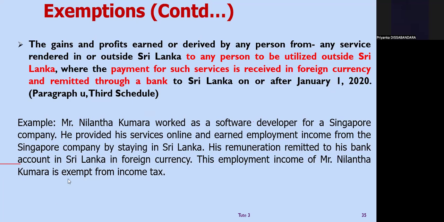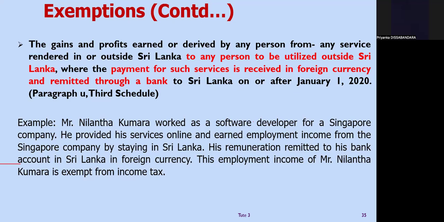For an example, Mr. Nilantha Kumara works as a software developer for a Singapore company. He provided his services online. That means he's staying in Sri Lanka and earns employment income from the Singapore company by staying in Sri Lanka.